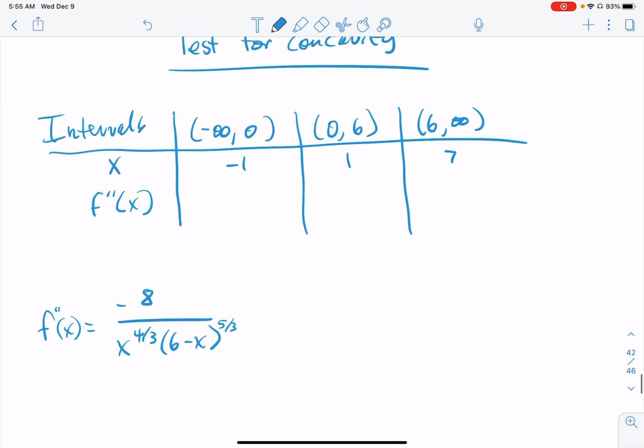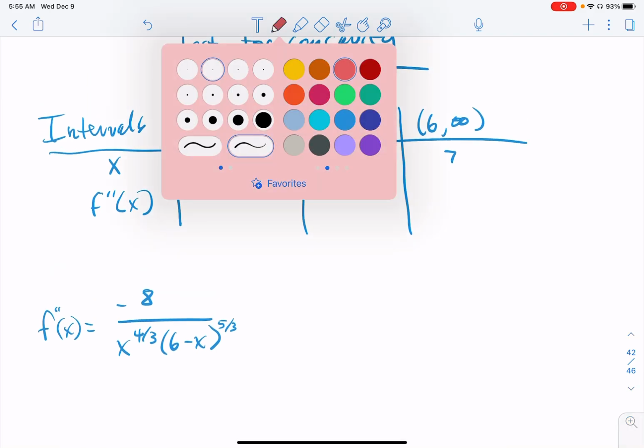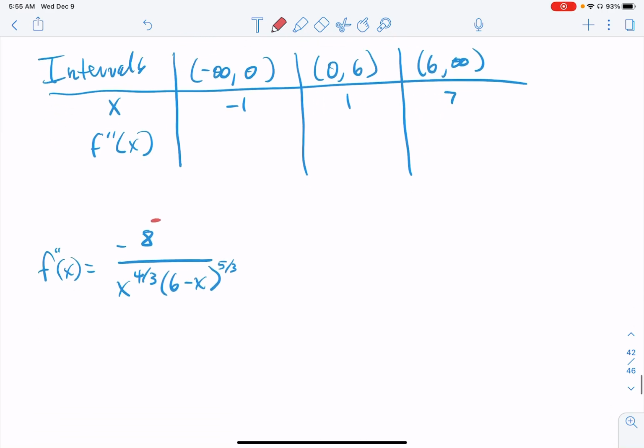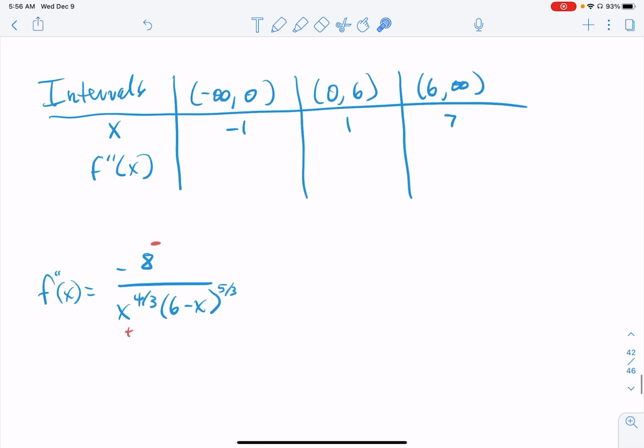Now, notice that no matter what, the top of this thing is always a negative number because it's negative 8. The bottom here, the x to the 4/3, is always positive because we're raising it to the 4th power. The only thing that we really need to worry about is the 6 minus x to the 5/3. Since it's raised to the 5th power, it could be positive or negative, depending on what we stick in here.